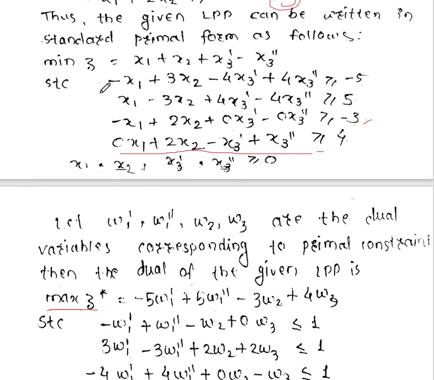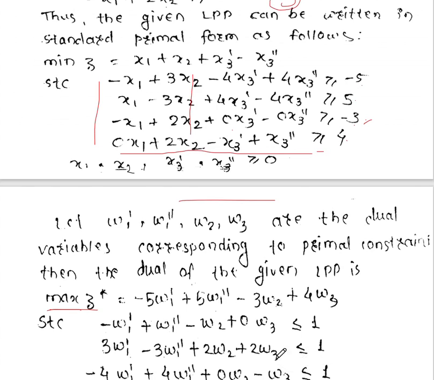So this column will become a row. So minus w1 dash plus w1 double dash minus w2 plus 0 w3, less than or equal to 1, the coefficient of the first variable. The second column will become a row, that is 3 w1 dash minus 3 w1 double dash plus 2 w2 plus 2 w3 less than or equal to 1.